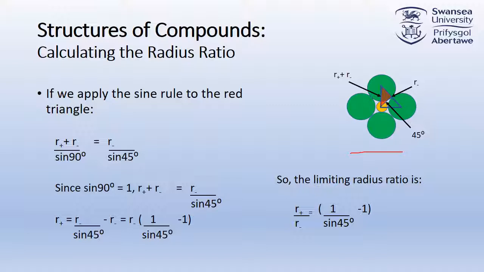So this means that our ratio of cation to anion is equal to 1 over (1 over sine 45 minus 1). And we always represent the ratio this way around, with the smaller cation above the larger anion.